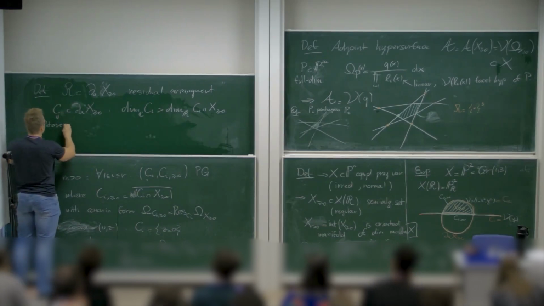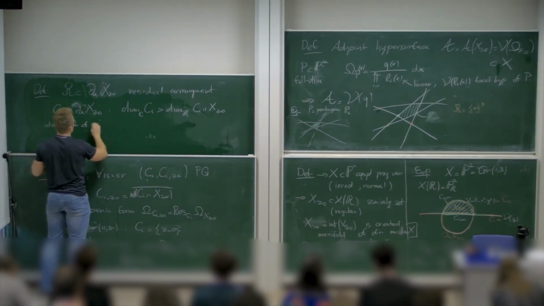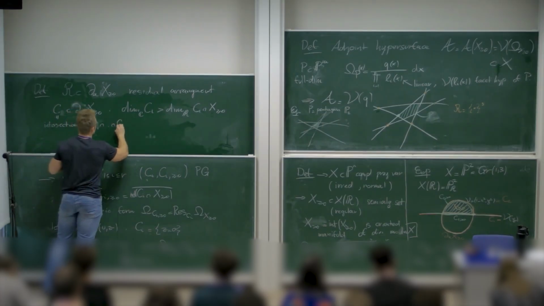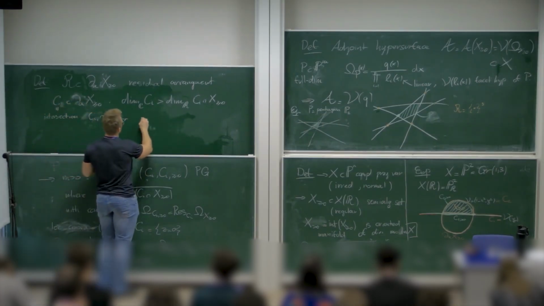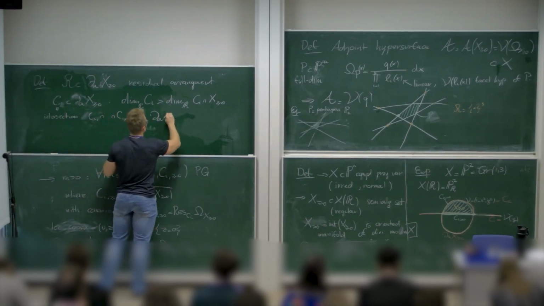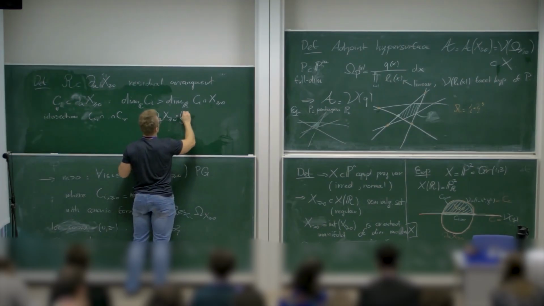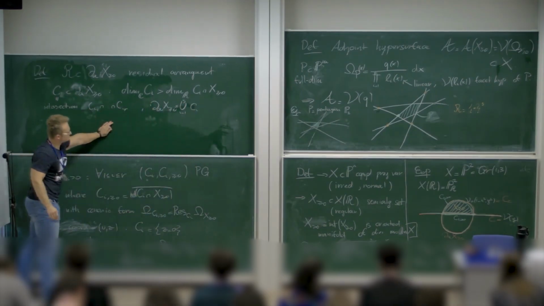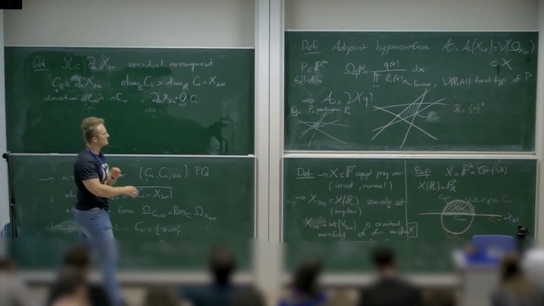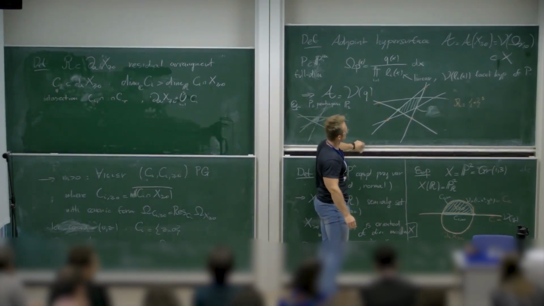This is the intersection C_{I1} through C_{IR}, where the algebraic boundary is the union. So it is any iterated intersection of the components in the algebraic boundary.